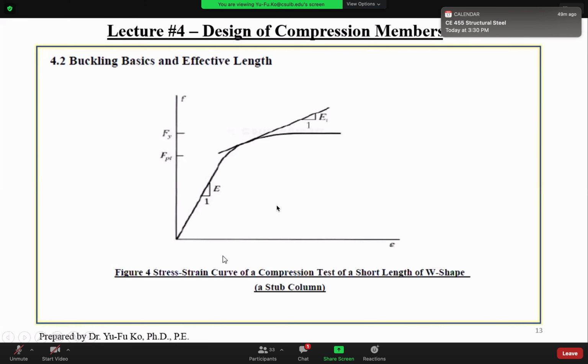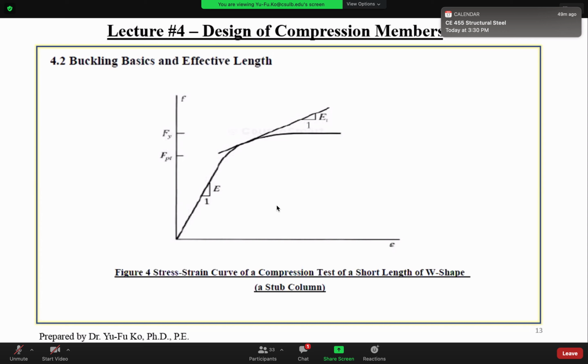Any questions, comments? So the y-axis in both those graphs is axial stress. The axial stresses, yes, in the cross section of the member. So this is stress, and this is strain. What is that unit? Which one? It looks like a lowercase f.